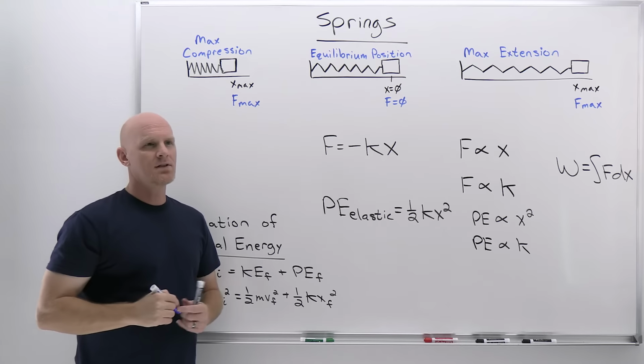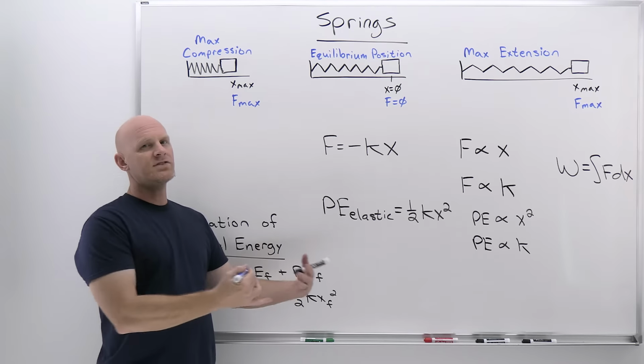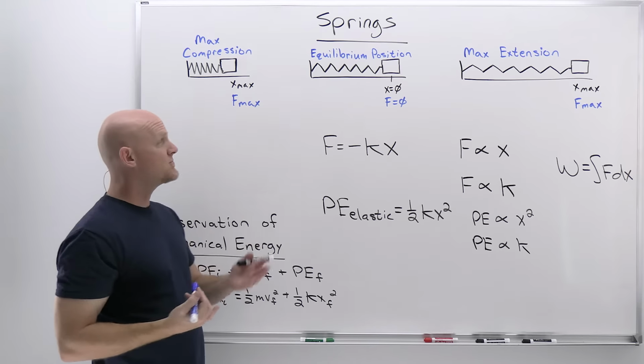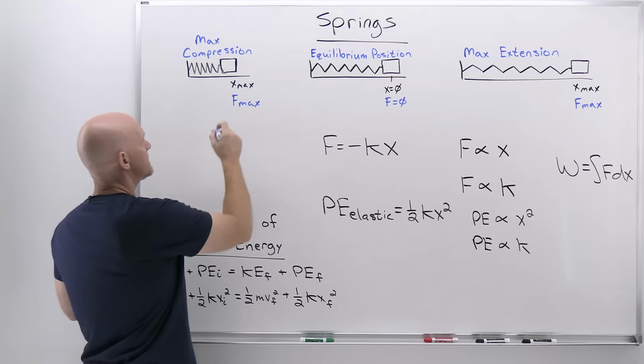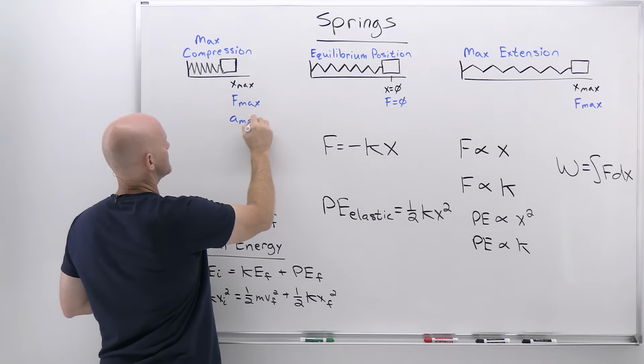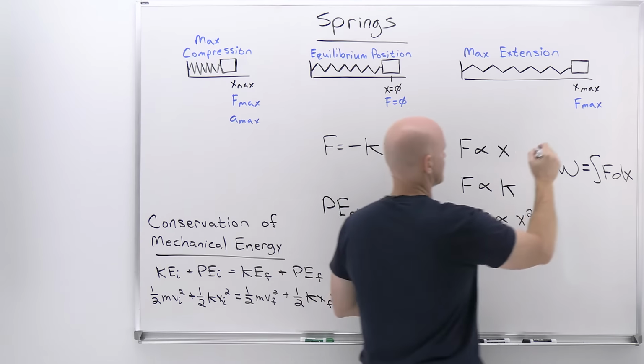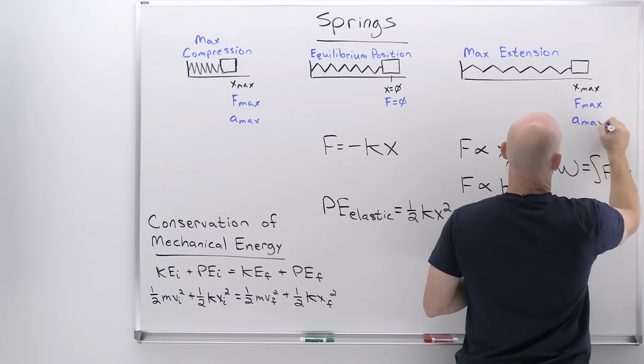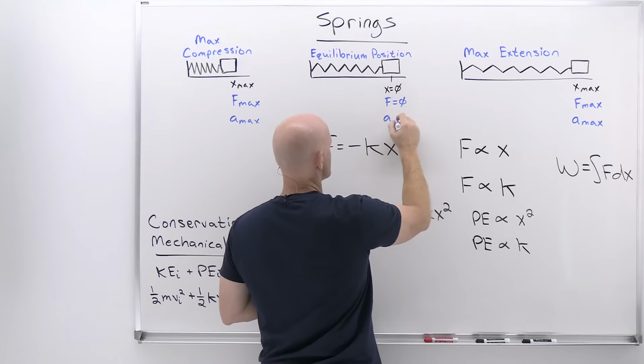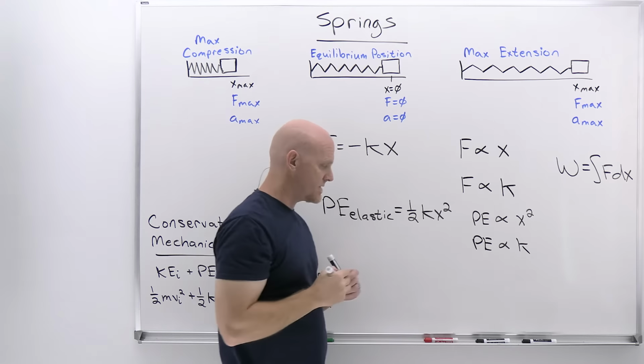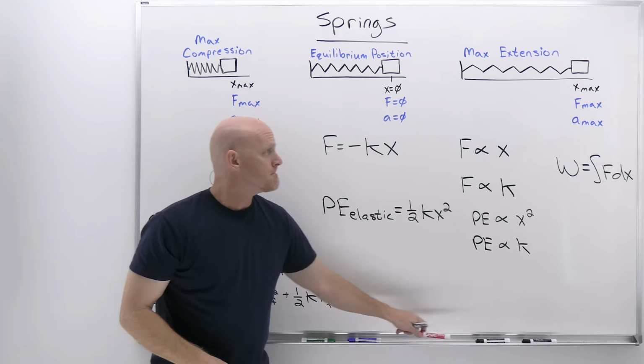According to Newton's second law, force equals mass times acceleration. So if the force is at a maximum here, then so is the acceleration. But here, if the force is 0, then the acceleration is going to be 0 as well.